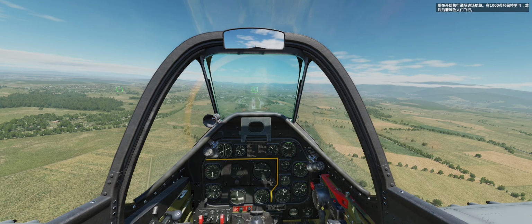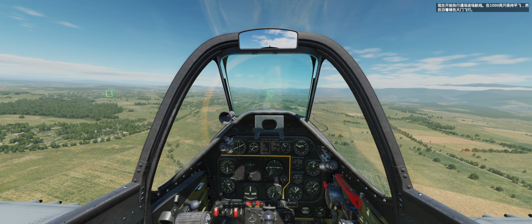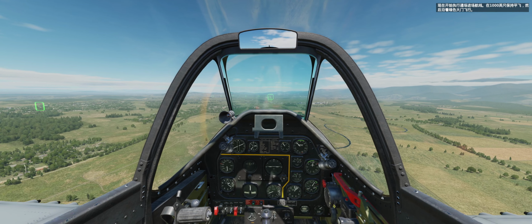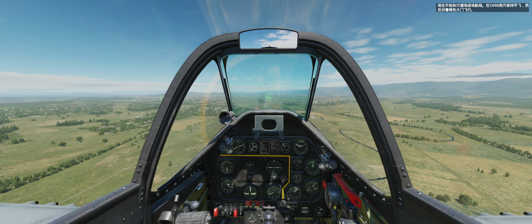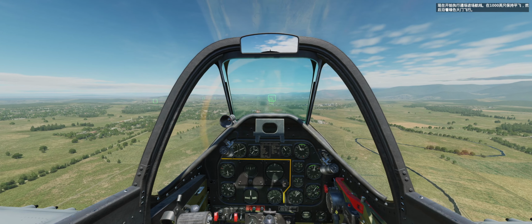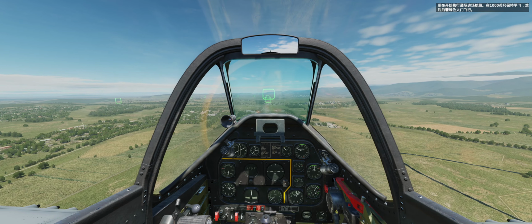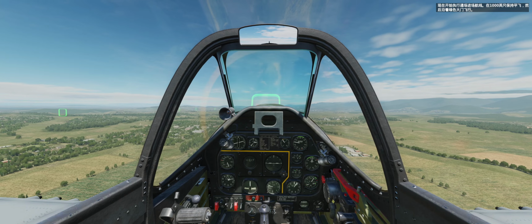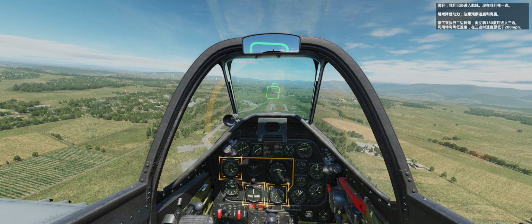You're approaching the pattern. Level off at 1,000 feet and follow the gates to fly the pattern. Good job entering the pattern.